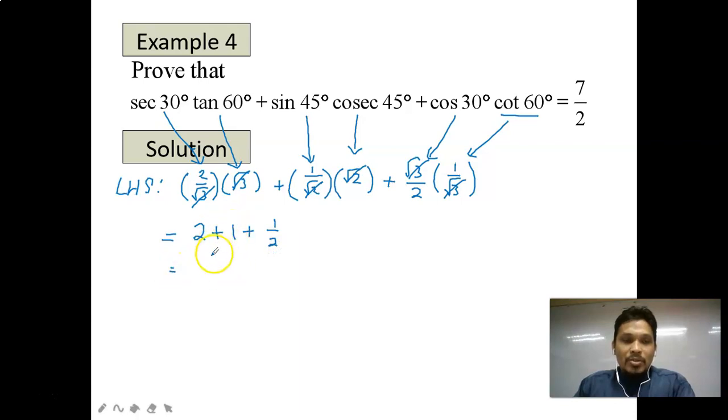Okay, 2 plus 1 equal to 3, plus 1 over 2. Change this number 3 into the fraction with 6 over 2. 6 divided by 2 equal to 3. And plus 1 over 2 equal to 7 over 2. Okay, equal with the value on the right hand side here.